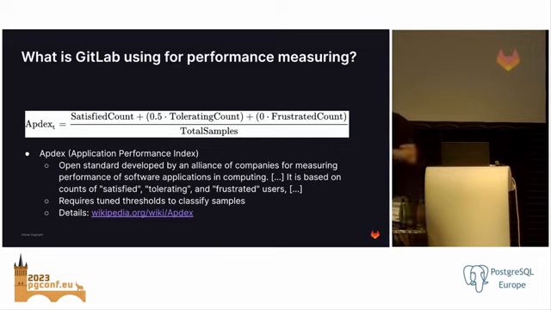So what's a satisfactory result? The user clicks a button and it feels snappy and instantaneous. That makes the user happy. That's the satisfactory limit. If the user clicks a button and it takes a little while and it's not feeling snappy, it's feeling like walking in a tar pit, but it's still usable, that's tolerable. And if the user gets really annoyed and maybe retries the action, that's frustrating.